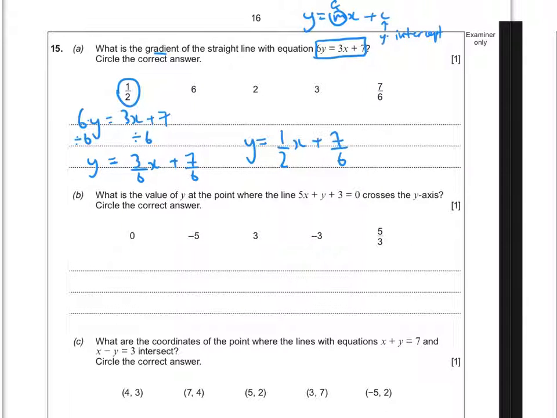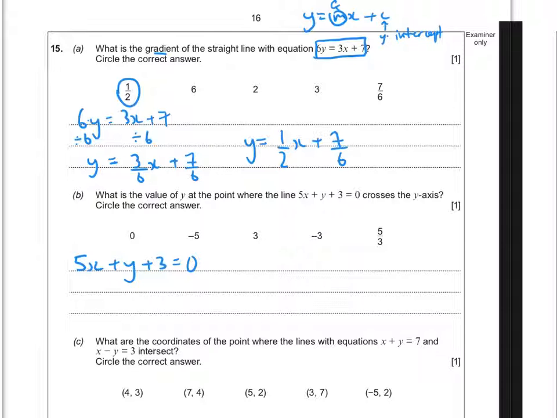For part B, it says what is the value of y at the point where 5x plus y plus 3 equals 0 crosses the y-axis? So again, I need to get it into this form, so it's y equals something x plus a number by itself. So again, I'm going to start with 5x plus y plus 3 equals 0.